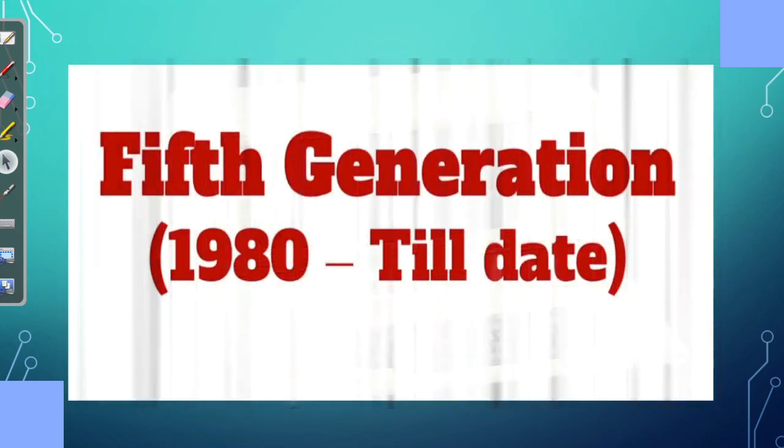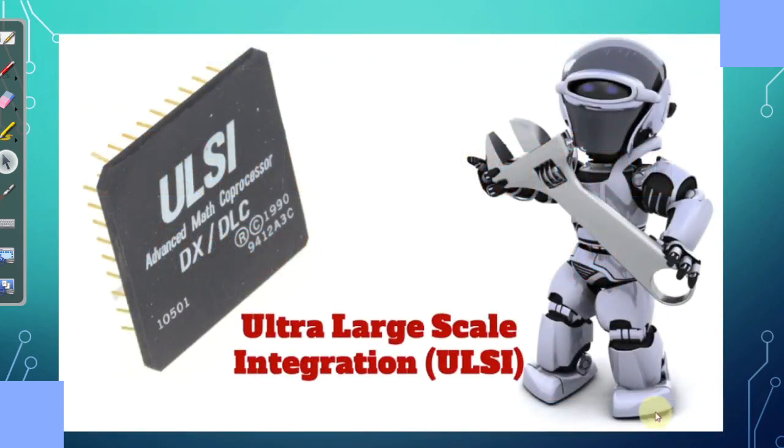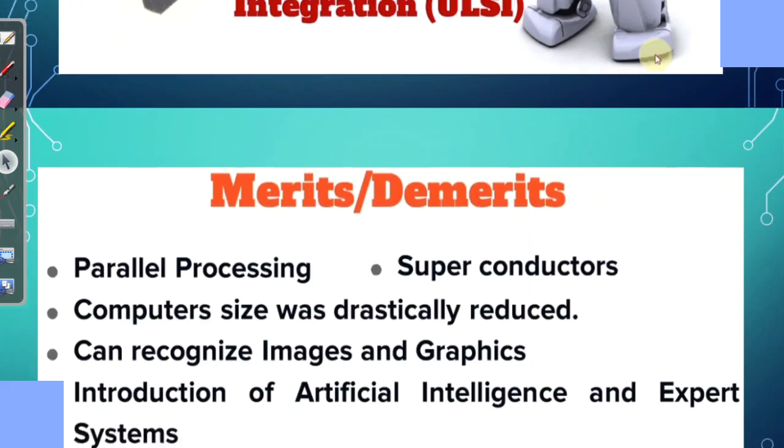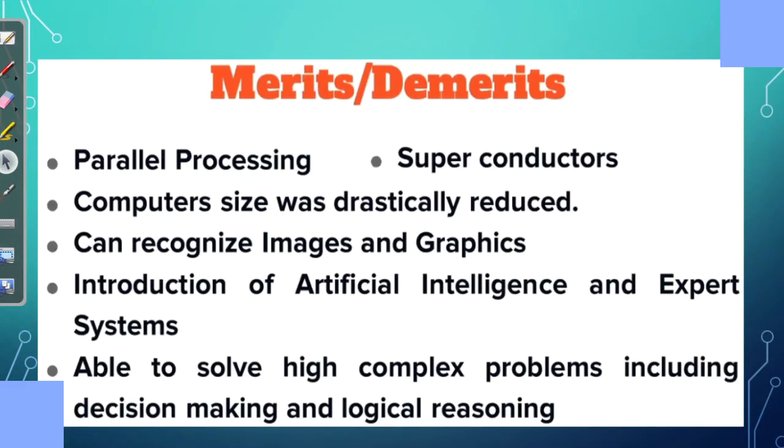Next, moving to the fifth generation. It started in the year 1980 and continues till date. It uses ultra large scale integration, that is ULSI, somewhat related to the robotic concept. It has parallel processing, superconductors, and the computer size was drastically reduced compared to the fourth generation.